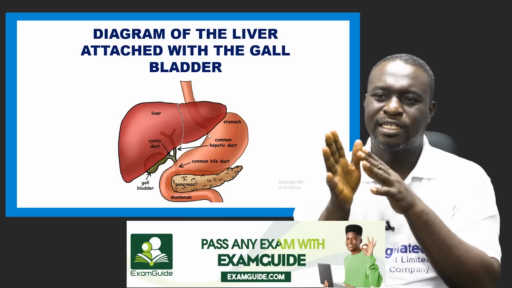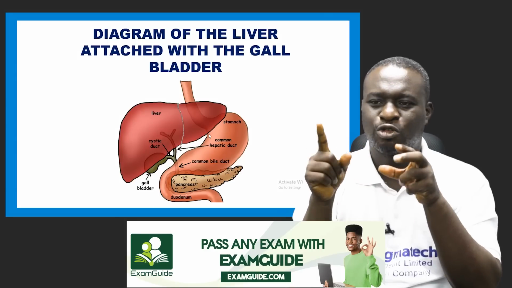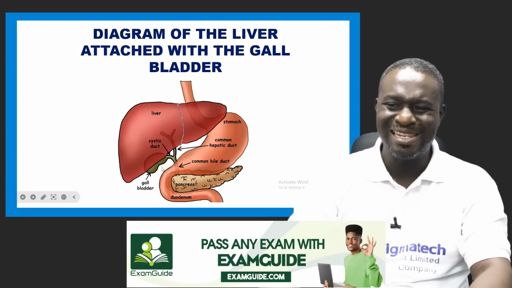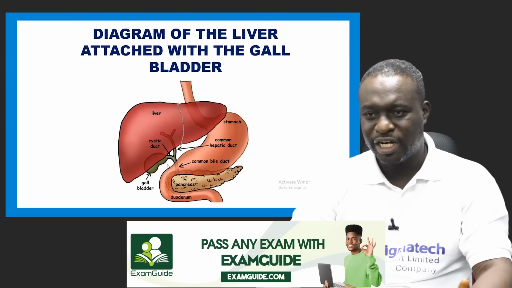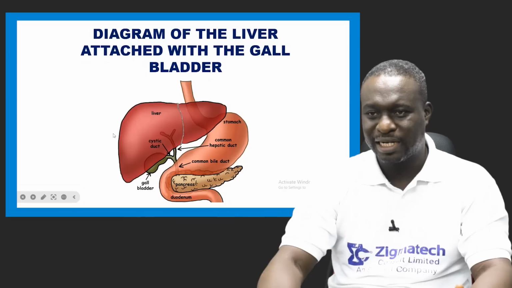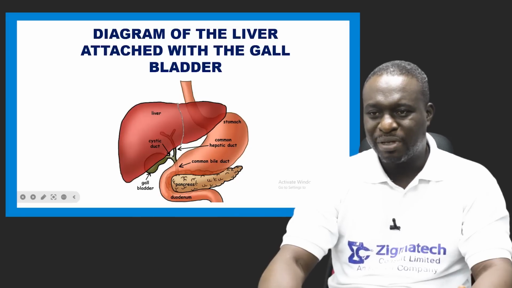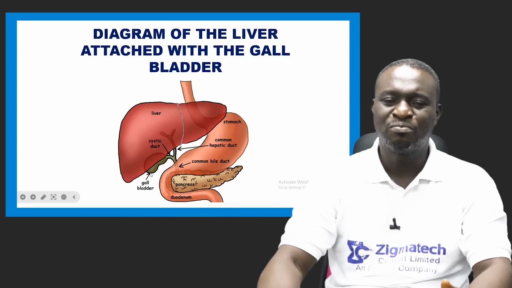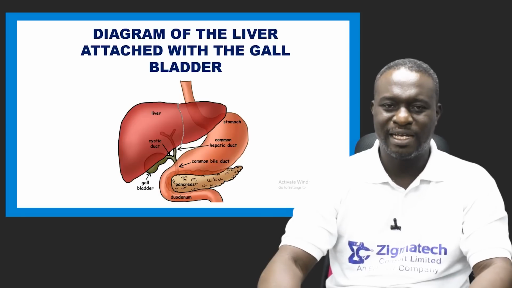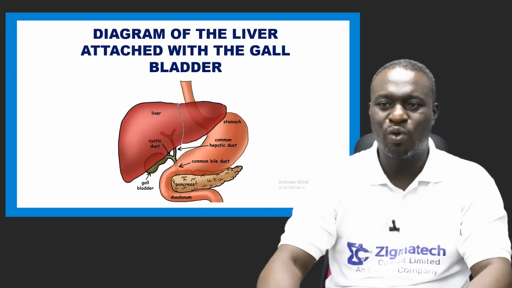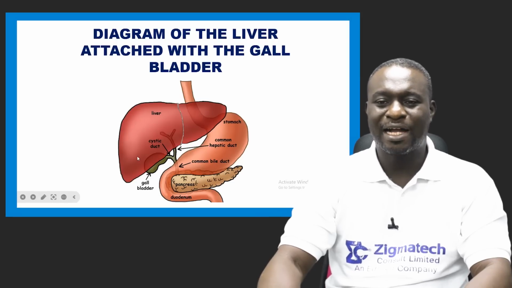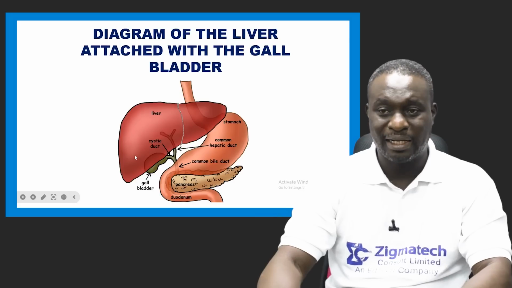So if you look at the diagram again, you can see the liver, and you see the gallbladder beneath the liver, green in color. The liver is actually red, as you can see here, and beneath it is the gallbladder. Like I said before, the gallbladder stores the bile when the liver produces it.